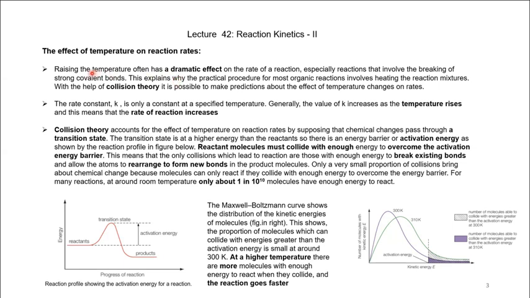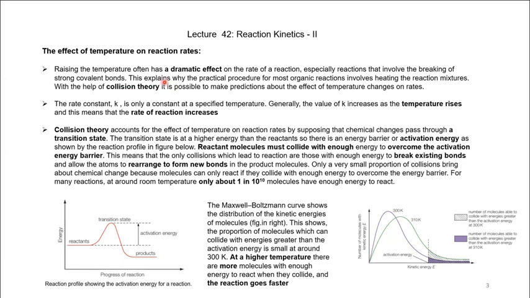So that means rising temperature for a reaction to happen has a dramatic effect on the rate of reaction, especially for reactions involving breaking of strong covalent bonds. We have many organic compounds where the covalent bonds are strong. We break these, and then we get new bonds and form new compounds.